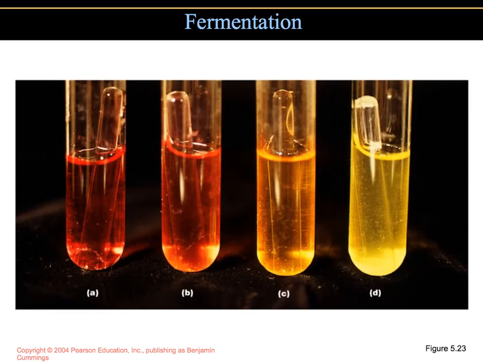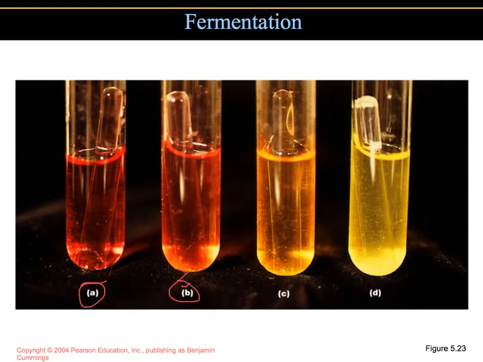So here in A, we have an uninoculated fermentation tube containing the carbohydrate mannitol. The sugar here is mannitol. In B, this was inoculated with Staph epidermidis, and it grew because of the protein in the media, but it did not use sugar. So this is why the color stayed the same.